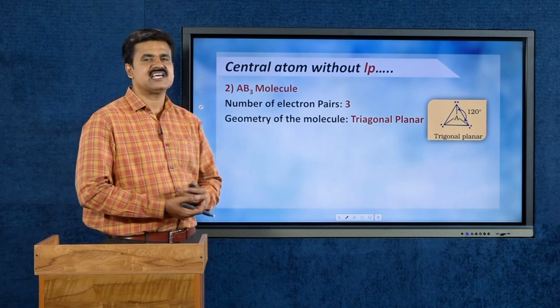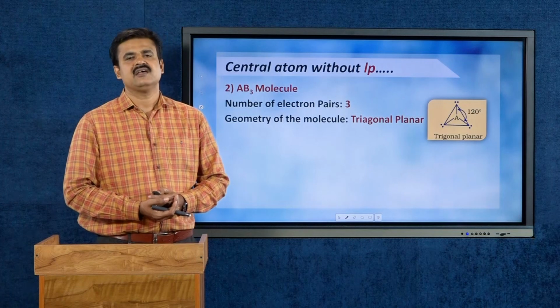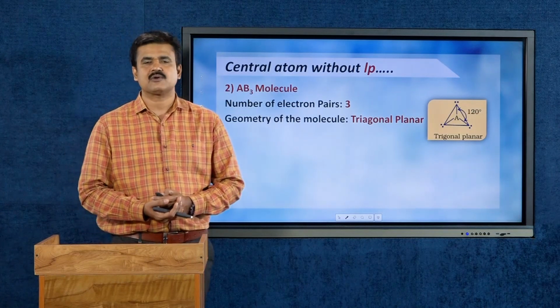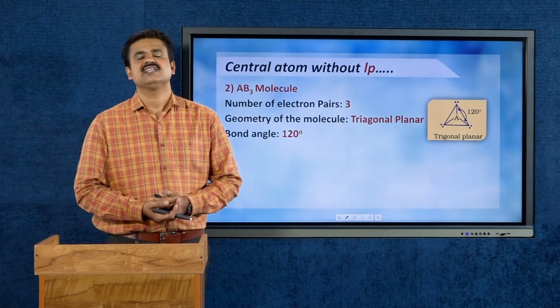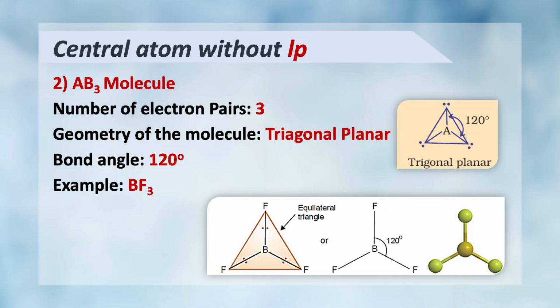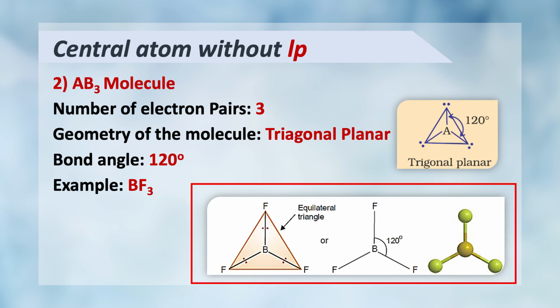You can see the central atom A at the middle position, and bond pairs are around the three corners of a triangle. That's the name trigonal planar arrangement. The bond angle is equal to 120 degree, and the typical example is BF3 molecule. This is the arrangement of the BF3 molecule. A boron atom is at the center, and the three fluorine atoms are separated by 120 degree apart.